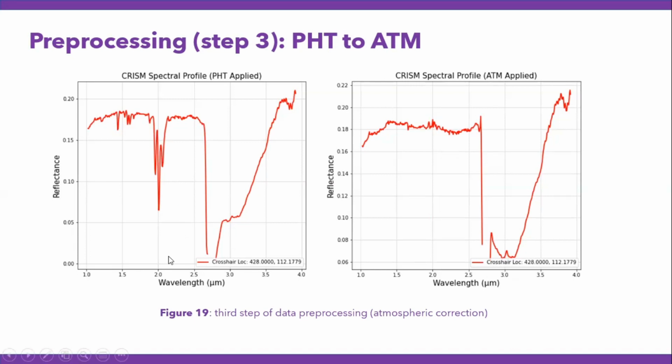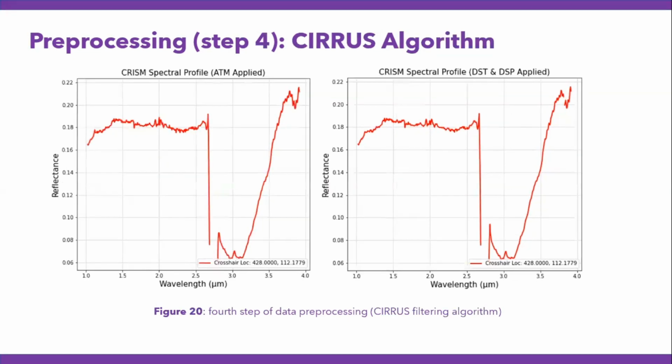You can see here this deep absorption at 2000 nanometers, but then it disappeared because of the carbon dioxide absorption band. So we are trying to apply this kind of correction just to have a better result at the end. But we can't get rid of this, and we can't keep just photometric correction. It's not going to affect our results a lot, but we need something more important, which is the CIRRUS algorithm.